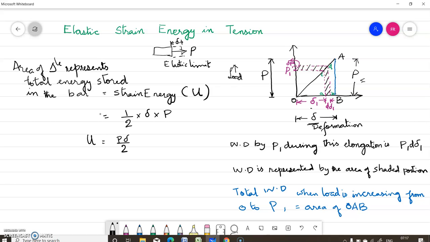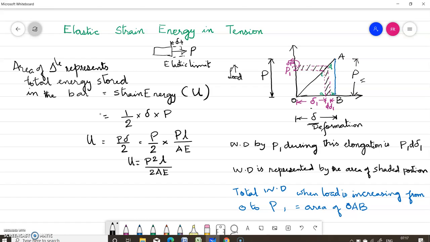Now we can substitute here. Instead of delta, you'll get another form of this strain energy. Delta is PL by AE, where L is the length of the bar, A is the area of cross section, and E is the Young's modulus of elasticity. So you will get another form of equation, strain energy equal to P square L by 2AE.